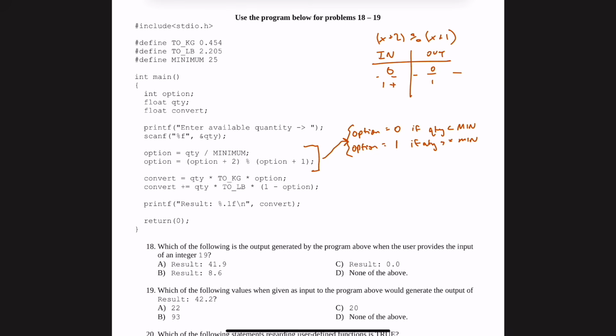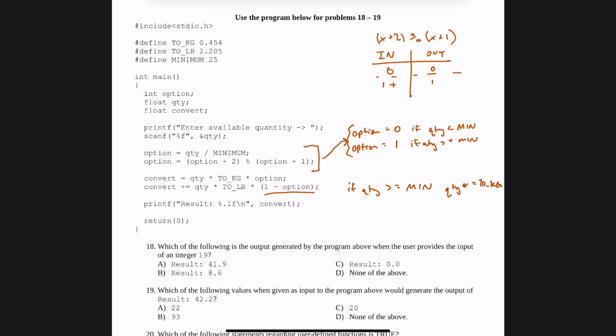Then looking at the next pair of lines, here we have quantity times 2 kilogram times option. So if option is 0, then this all gets eliminated. If option is 1, then we make that transformation. So if option is 1, meaning if quantity is greater than or equal to minimum, quantity times equals 2 kilogram.